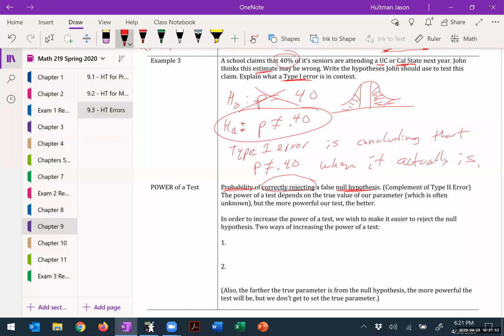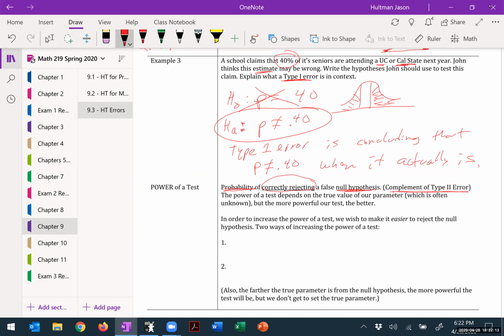This is the complement of a type 2 error. The two are opposite of each other. So this is the probability of not getting a type 1 error.